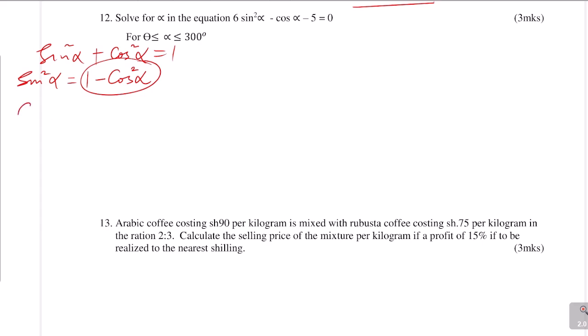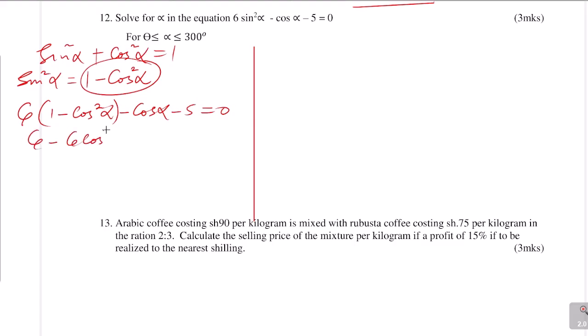So we have 6 into bracket, sine squared alpha, which we substitute with 1 subtract cos squared alpha, minus cos alpha minus 5 is equal to 0. Open the bracket here, you get 6 subtract 6 cosine squared alpha subtract cosine alpha minus 5 is equal to 0.